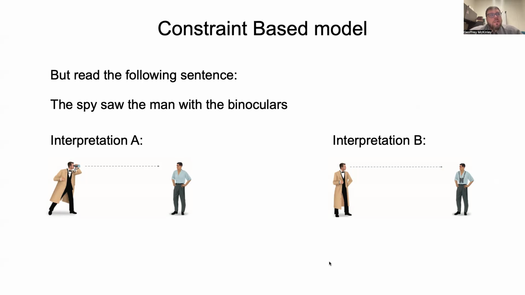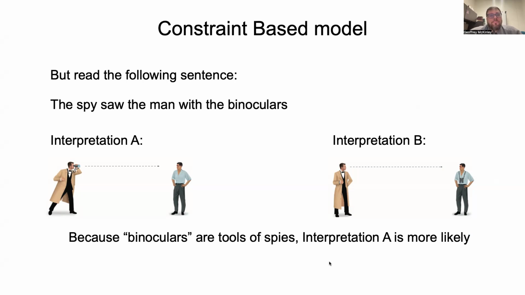Is it that the spy was using the binoculars and saw the man, or was the spy looking at the man who had the binoculars? I think probably more than 50% of people would pick interpretation A, that it's the spy who was looking at the man with the binoculars, because, of course, binoculars are the tools of spies.